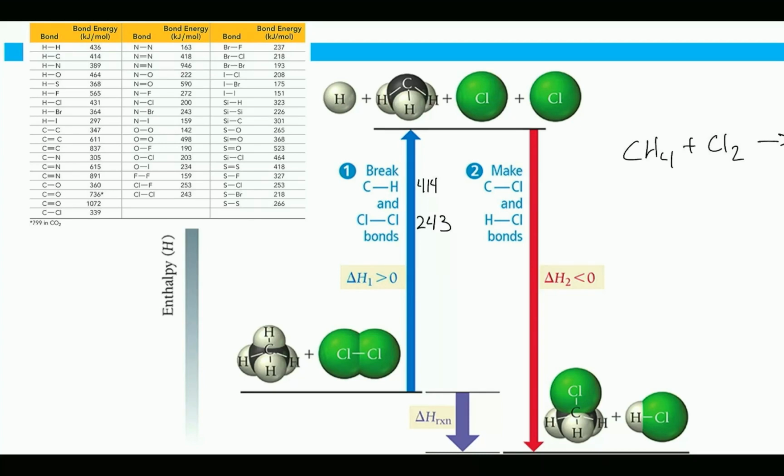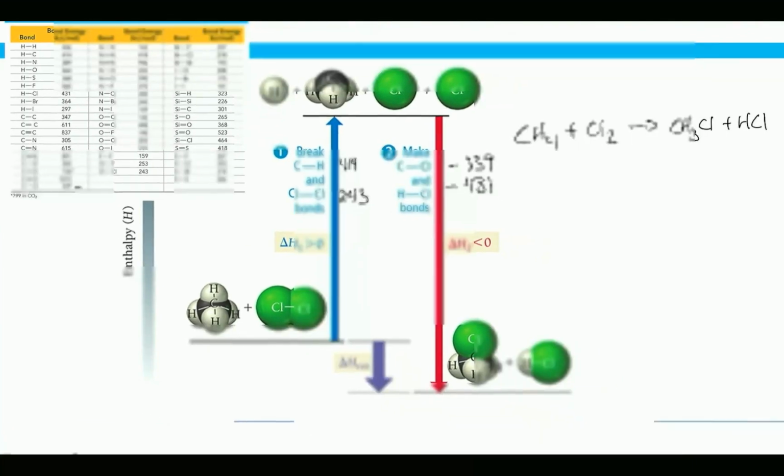Those are positive because I'm putting energy into the system. Then to make the carbon-chlorine bond, it's going to be a negative 339. And then the hydrogen-chlorine bond is going to be a negative 431.